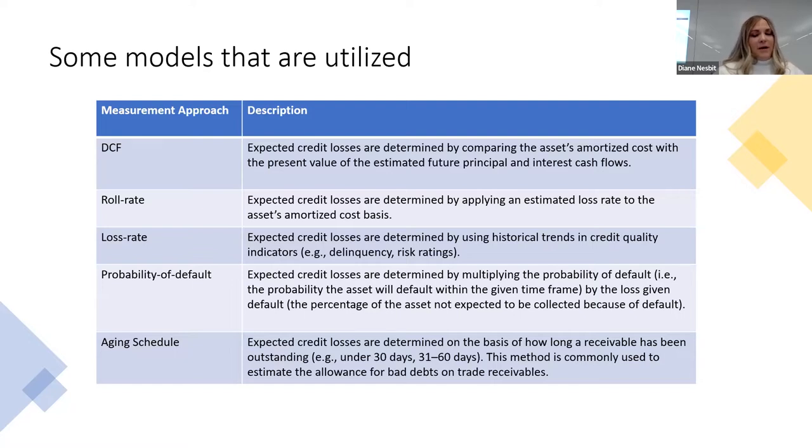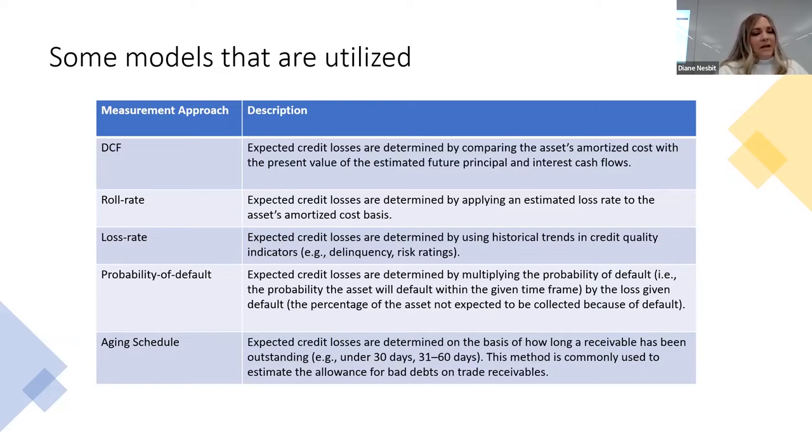Another method that you might see utilized is the roll rate, where expected credit losses are determined by applying an estimated loss rate to the asset's amortized cost basis. And then you've got the loss rate method, where expected credit losses are determined by using historical trends in credit quality indicators. Another word for that might be delinquency risk ratings.